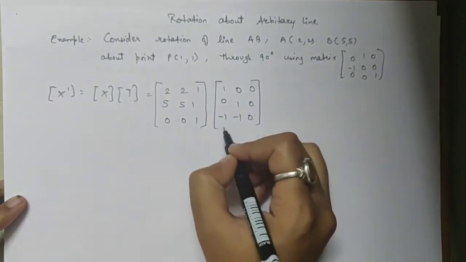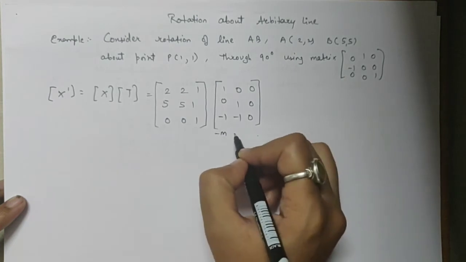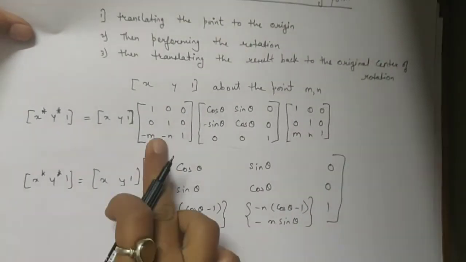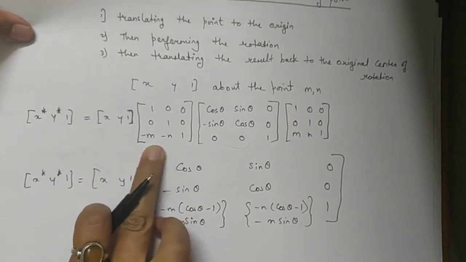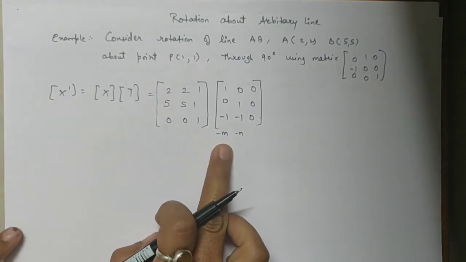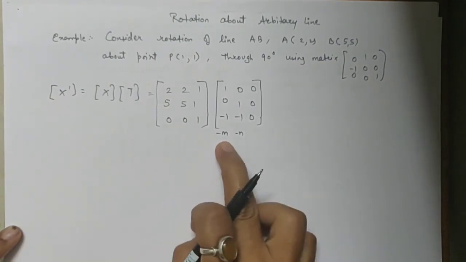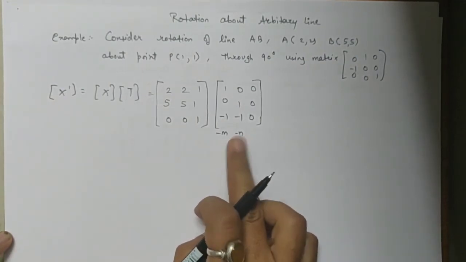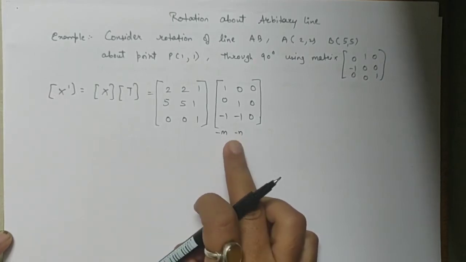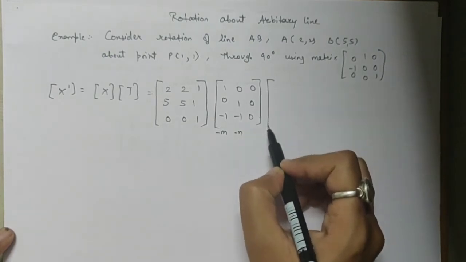Here I have considered minus m and minus n. When we have to translate the point to the origin, we consider minus m and minus n as the translating factors.